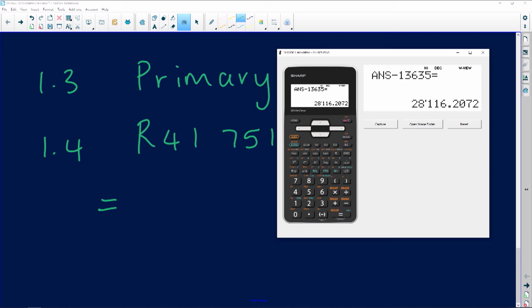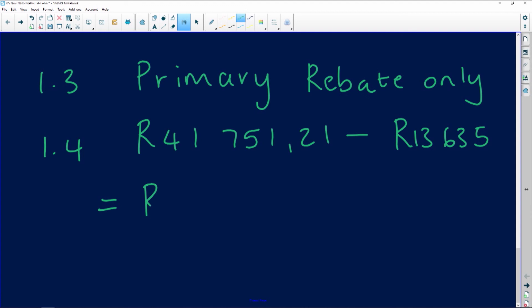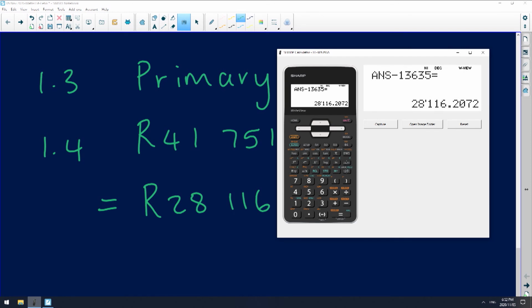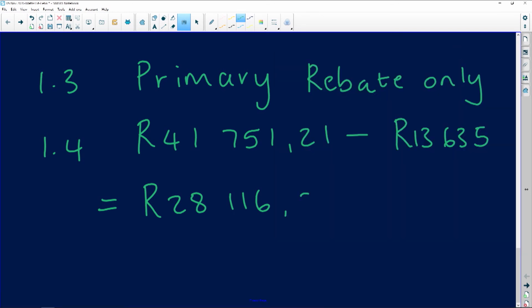It keeps on going down. 28,116.21. Okay, stunning. Taxation. Taxation is a lot.